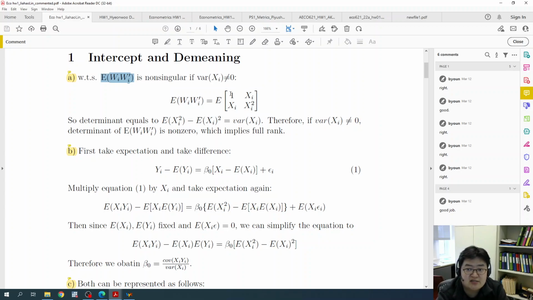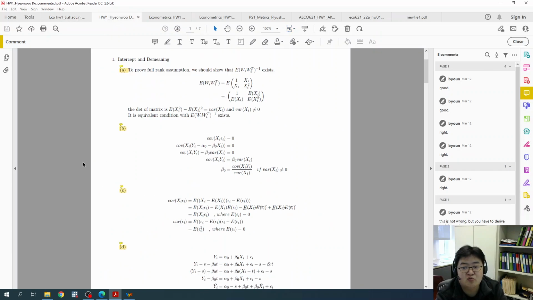It is a simple 2 by 2 matrix, so its determinant is this. You have to show that the determinant is different from 0, which is simply variance different from 0. So this is how you prove it, the simplest way to prove it.